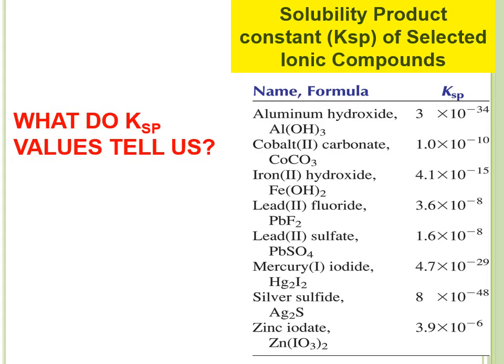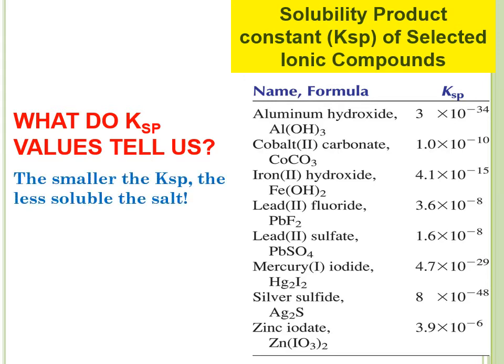It's 8 times 10 to the power of negative 48. So, silver sulfide is the least soluble salt among all these ionic compounds. So, what do Ksp values tell us? The smaller the Ksp, the less soluble the salt.